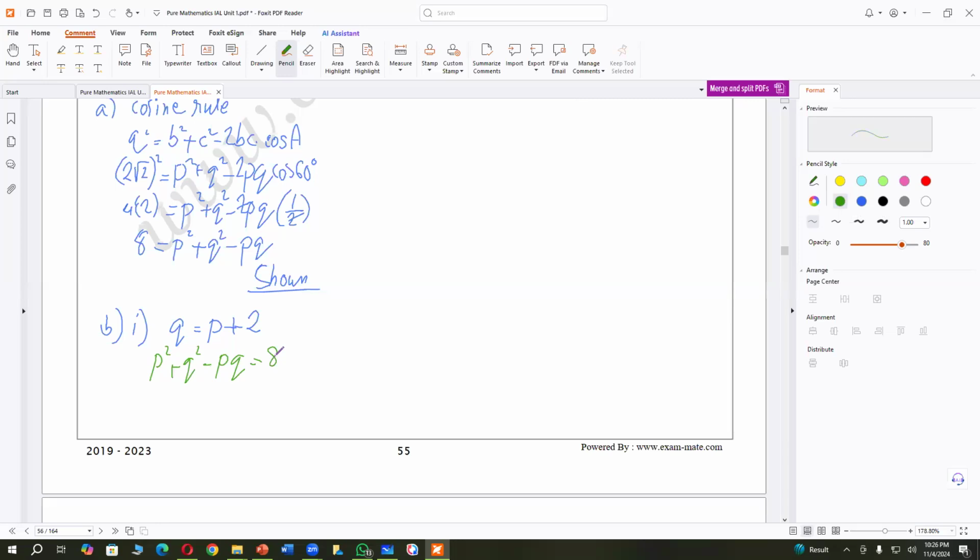So in place of Q, I can put P plus 2. So P square plus P plus 2 whole square minus P into P plus 2 is equal to 8.